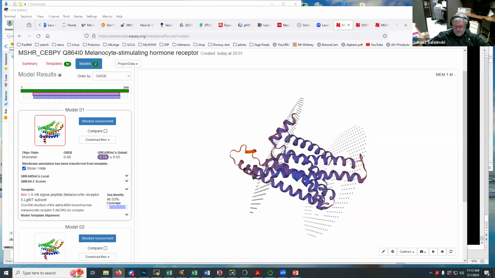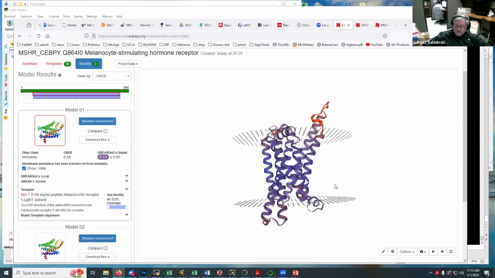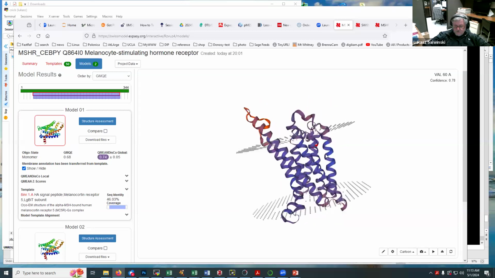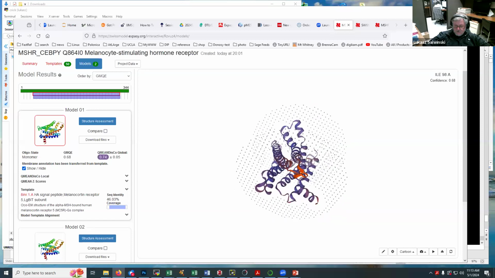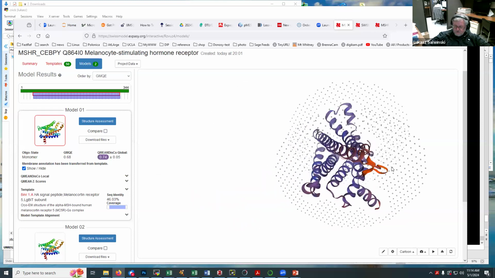This is a web page that shows you the model and allows you to do the same things as we've been doing in Qt, but just within the browser. You can move things around. You can zoom in and out, and you can probably move things sideways.